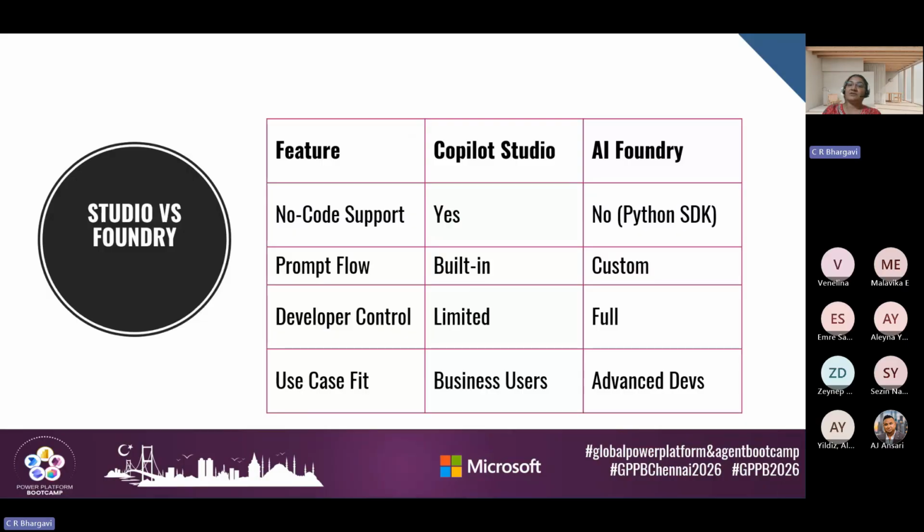But in the case of Copilot Studio, the developer control is limited, and you also have the prompt flow, which is how the flow from one to another cannot be defined inside the Copilot Studio, whereas it can be done explicitly inside the AI Foundry.